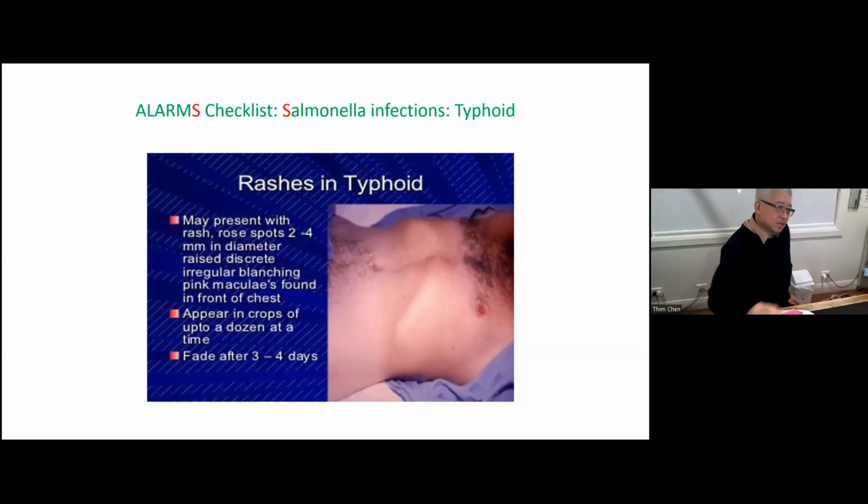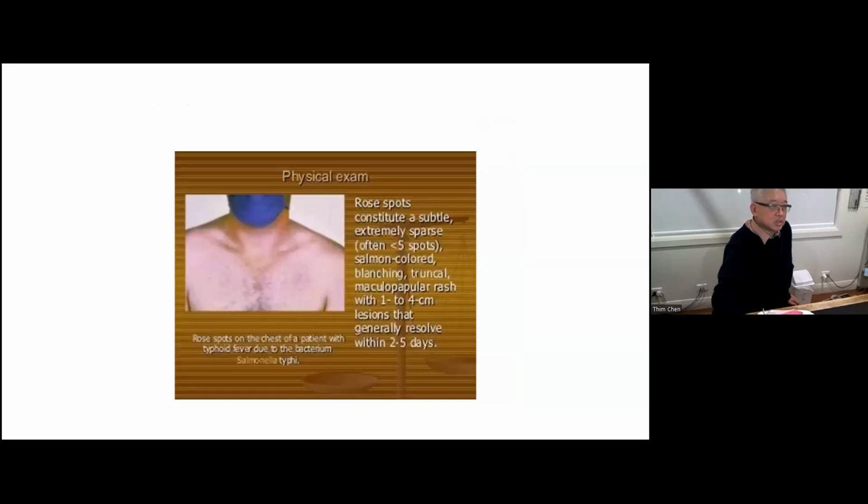So we got him down, examined, and we saw rose spots. Rose spots are between the nipple and the costal margin, and it's one of the symptoms. I was lucky enough to see rose spots, the macular papular. So it's one of those things that we see in tropical countries. I was fortunate to see those rose spots.